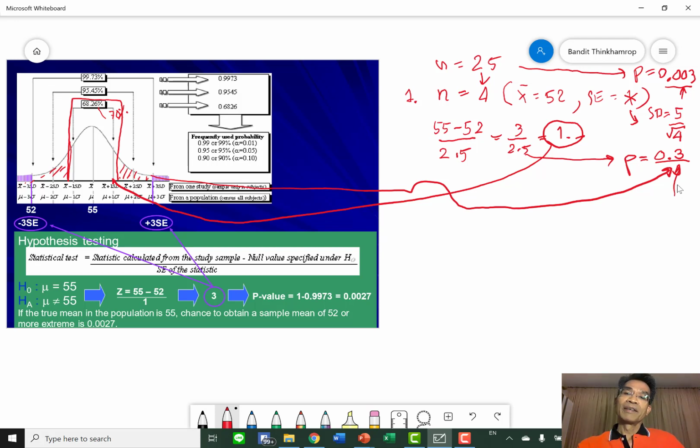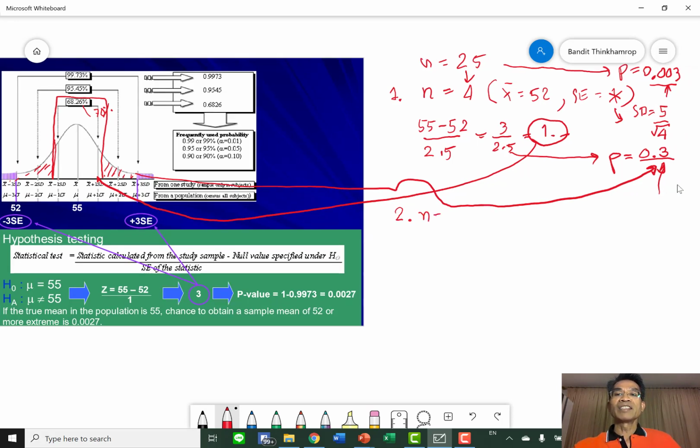Let's go further and change to a very large study, like a 10,000 sample size. But now I will change the x bar to be very close to the null. So let's make it 54.5. And we need to calculate the SE, right?